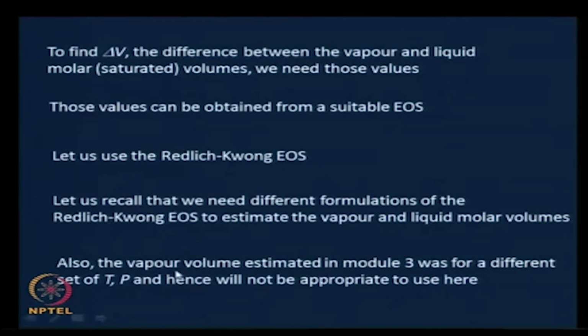Also, the vapor volume we estimated in module 3 was for a different set of temperature and pressure. We cannot use that here because it was around 200 degrees C and a pressure of 10 bar. At that pressure, it is going to be a complete vapor. It is not in a state of equilibrium between the liquid and vapor phases.